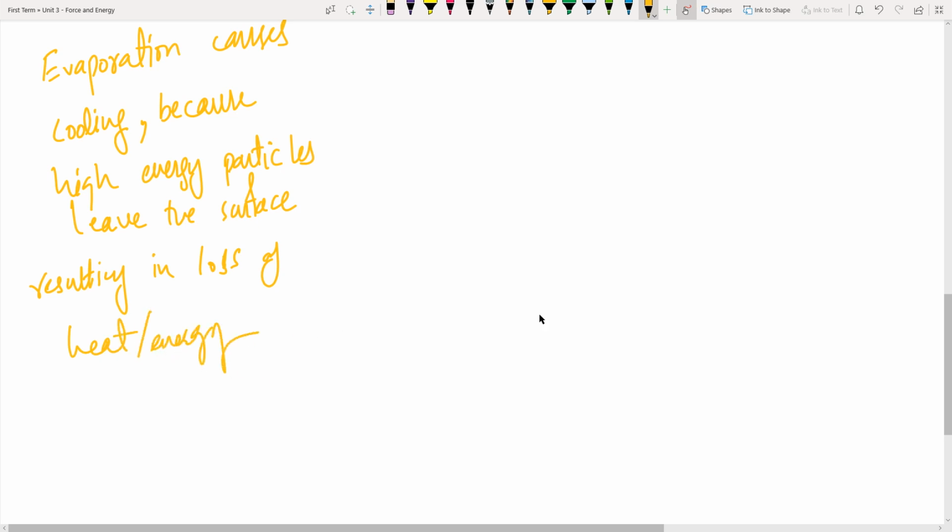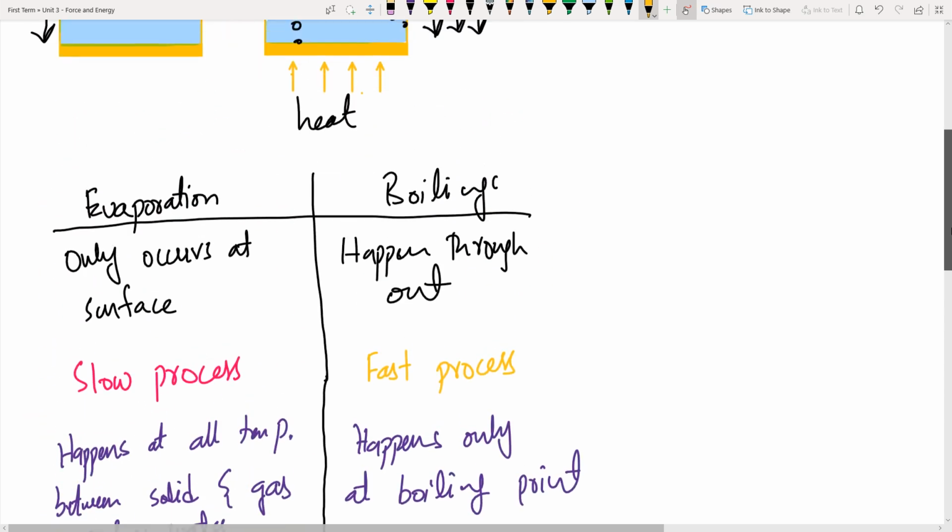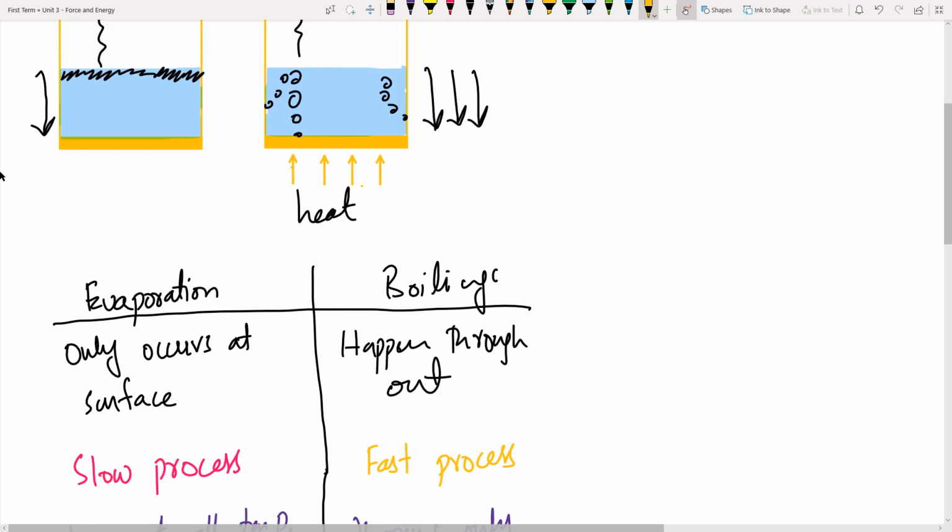Since we are not providing extra energy, if you look at it, I'm going to say no extra energy given, compared to this one, in which we are giving extra or external energy.